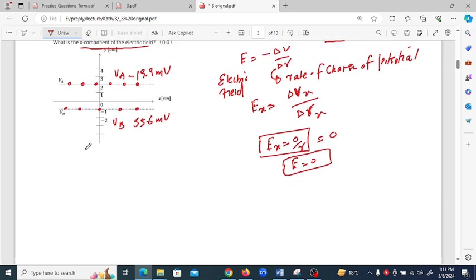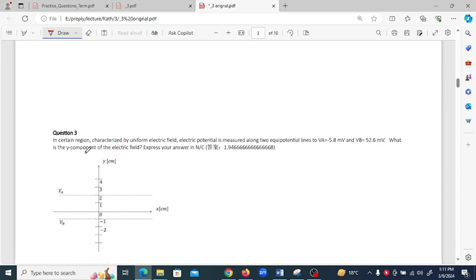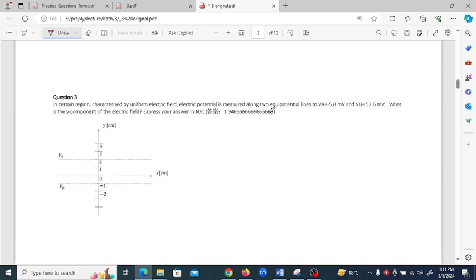Okay, now for the same problem we have another question, with two equipotential lines VA and VB. The potentials are minus 5.8 and 52.6 millivolt. So VA is minus 5.8 millivolt, and the potential at B is 52.6 millivolt, and we need to determine the Y component of the electric field intensity, Ey.